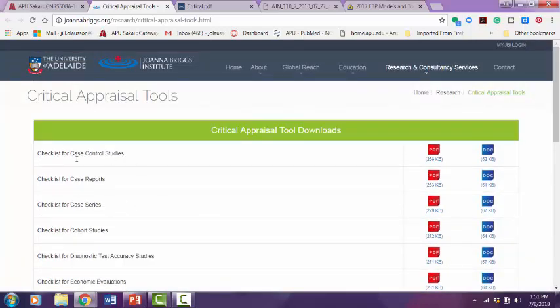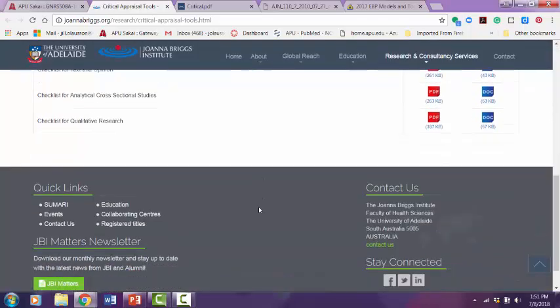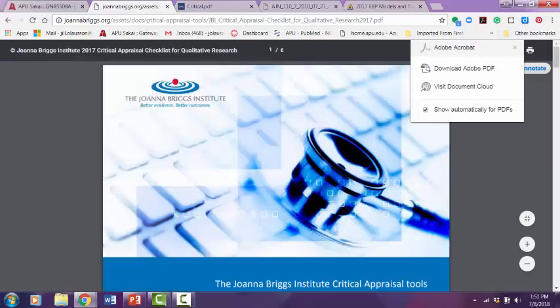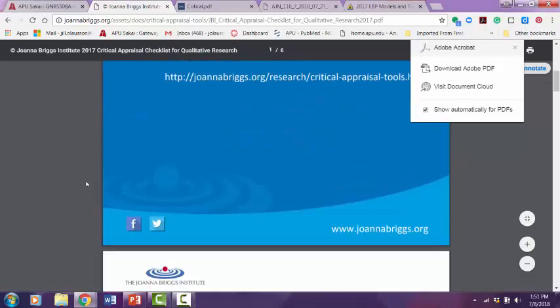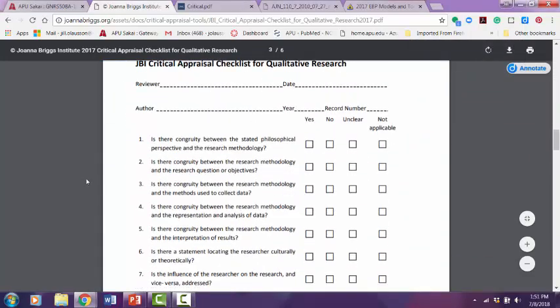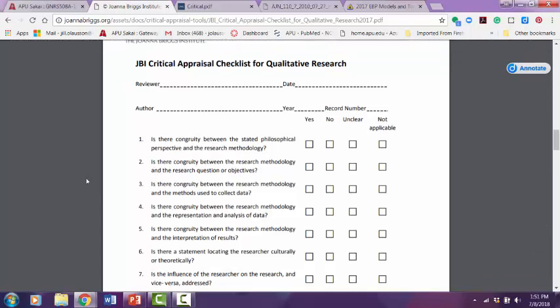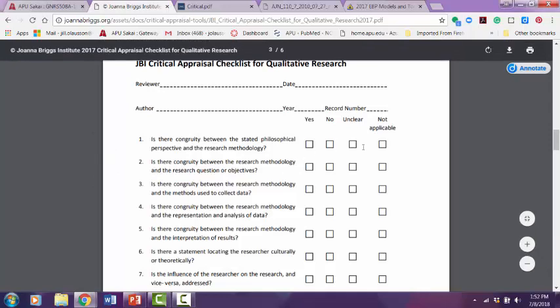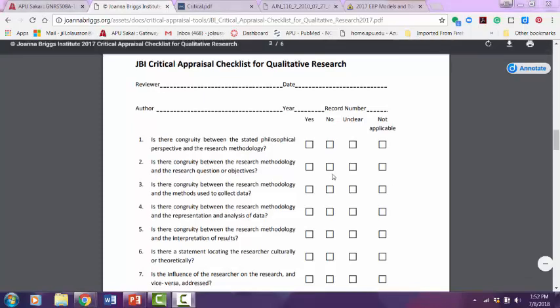So I like that this gives you information about which one of these to choose. And so you just click on whichever one it is. This one is for qualitative studies, and it goes through and asks you to answer information related to robustness or trustworthiness in a qualitative study, and you just say yes, no, unclear, or not applicable.